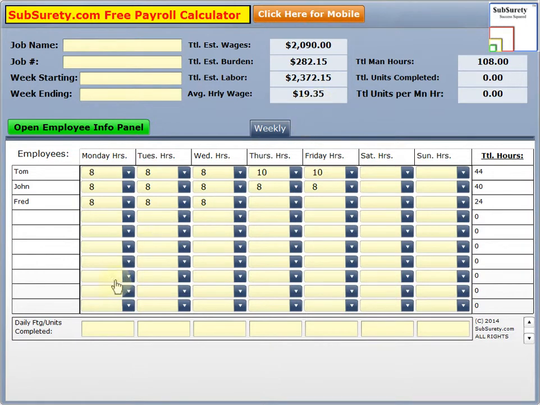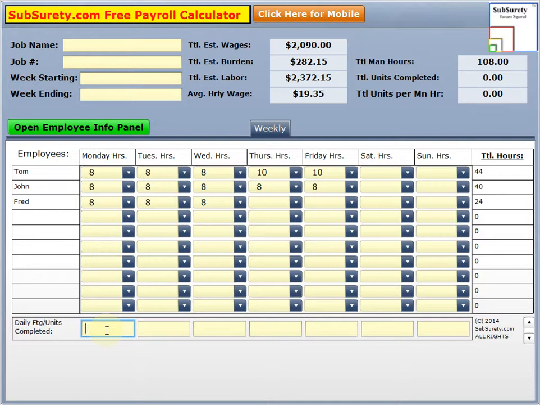Now the last thing that I should have to do is put in whatever units or footages. Again, I come from tile, so I think in square footage, but how much did they complete? And exactly how you compute that, again, may be up to your personal taste or your industry or whatever. But I really don't know of a specialty trade in construction that doesn't track units some way, somehow.